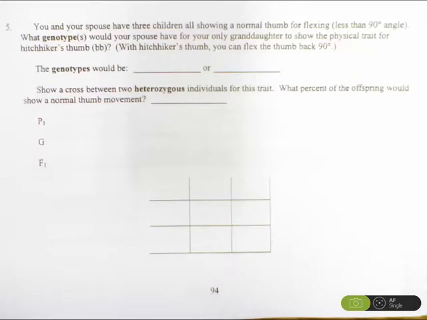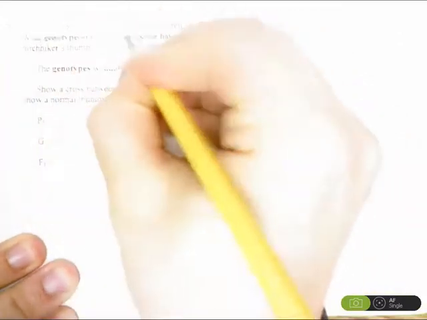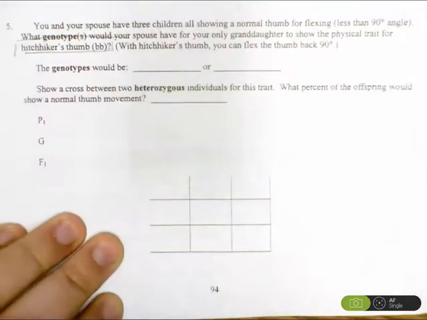With hitchhiker's thumb, you can flex the thumb back 90 degrees. So this becomes a little bit trickier. In order for your grandchild to have hitchhiker's thumb, you have to have little b, little b.